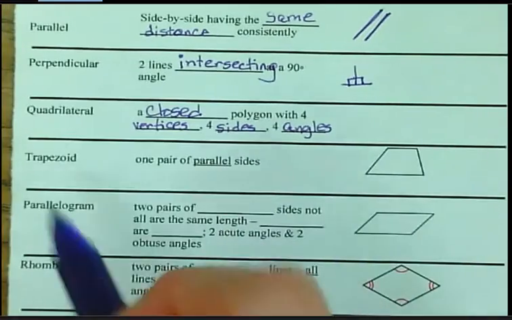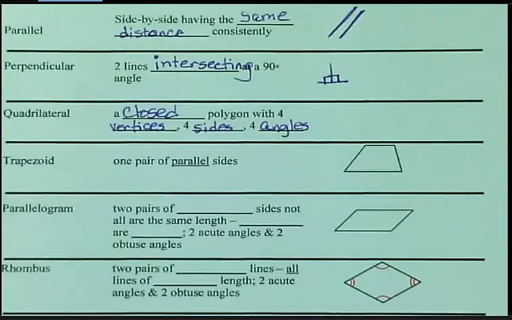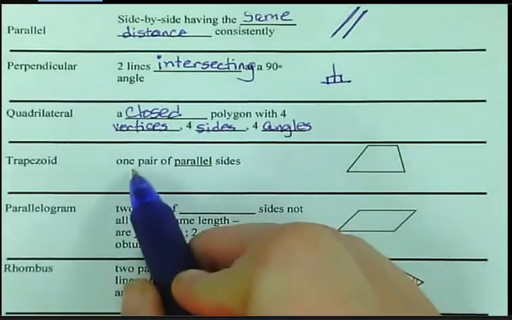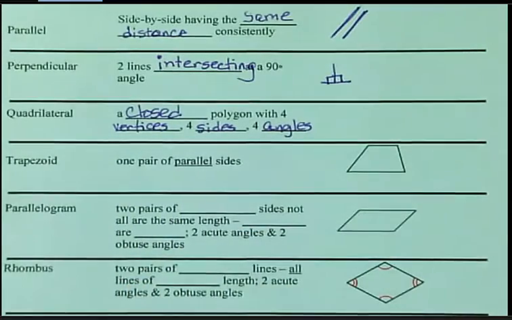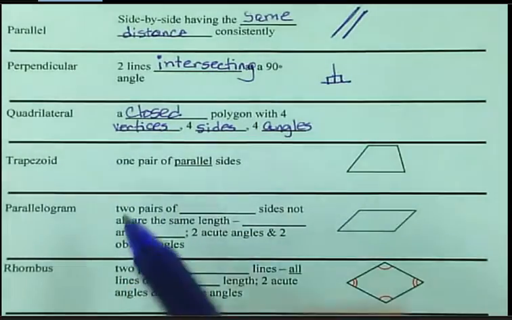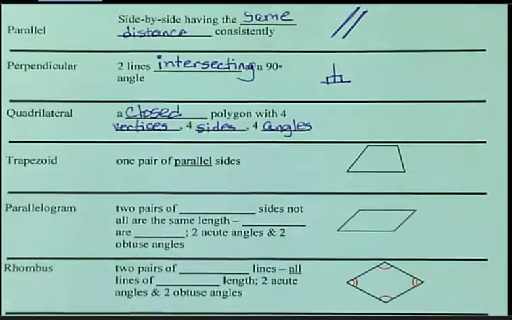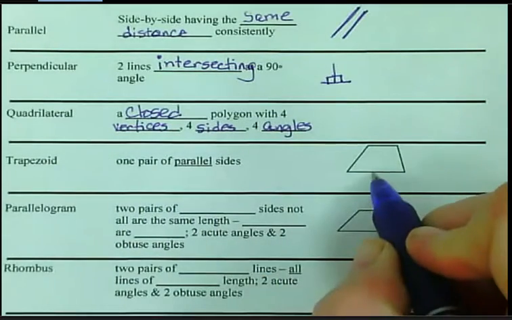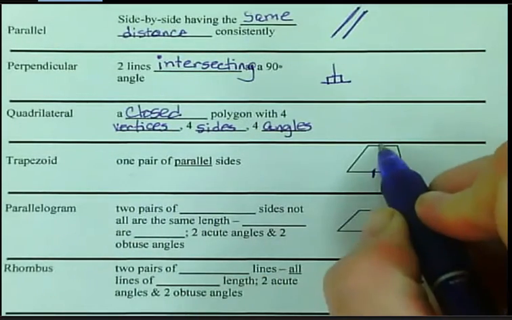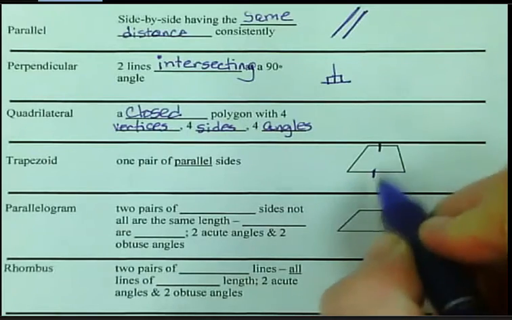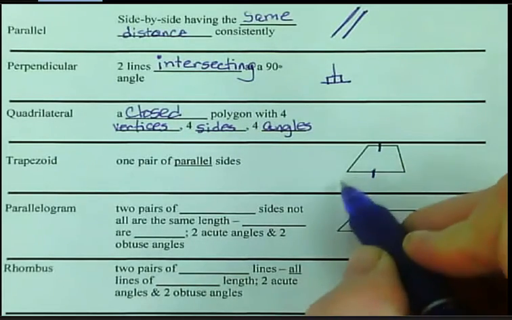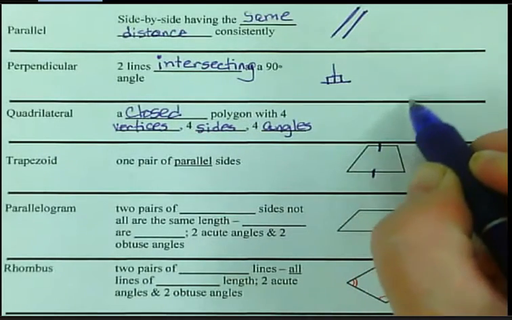All right? A trapezoid has one pair of parallel sides. I forgot to make that a line for you to fill in, so hey, bonus for you. One pair of parallel sides. That would be this side and this side. They're the same. They're parallel. See, this line is slanting.